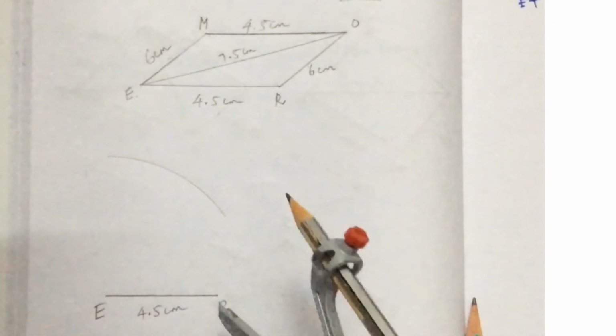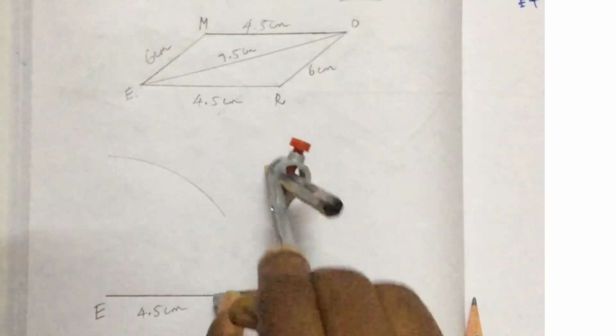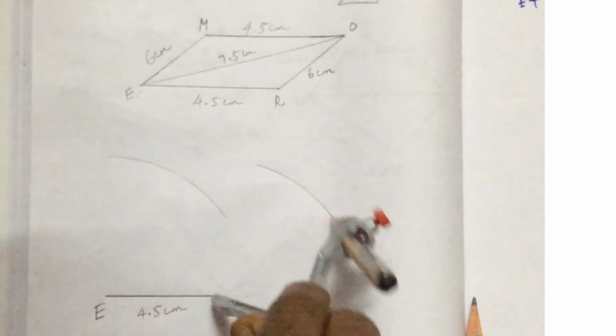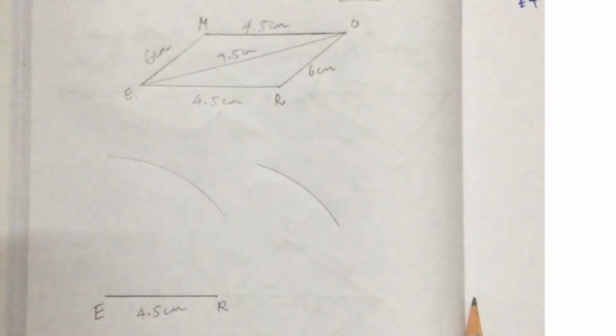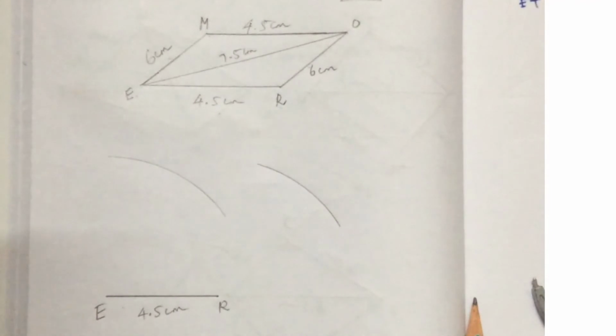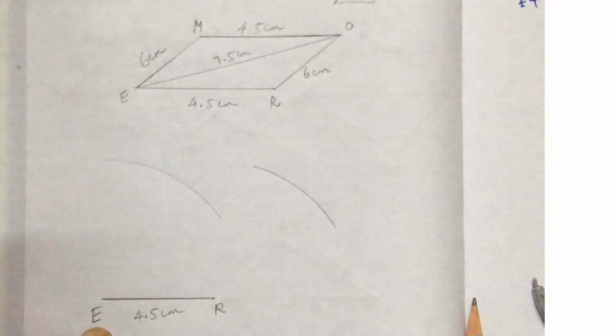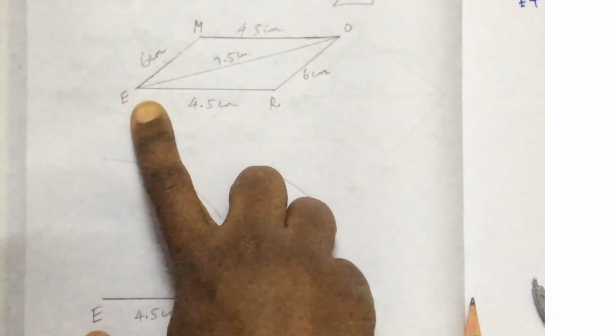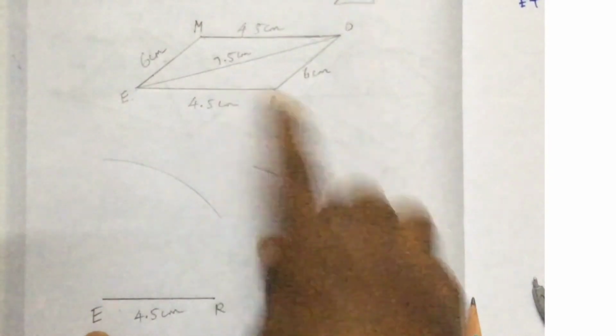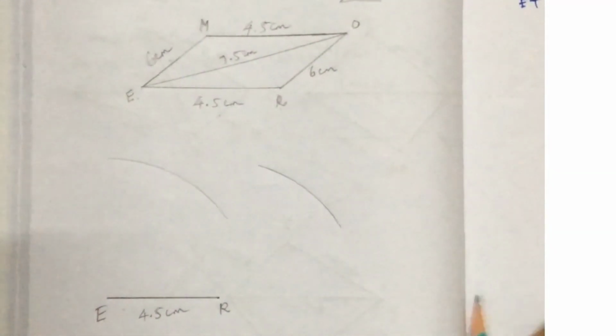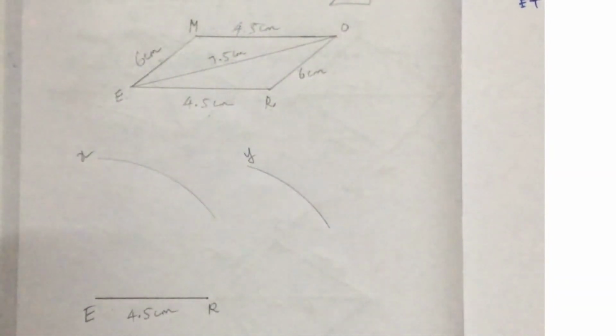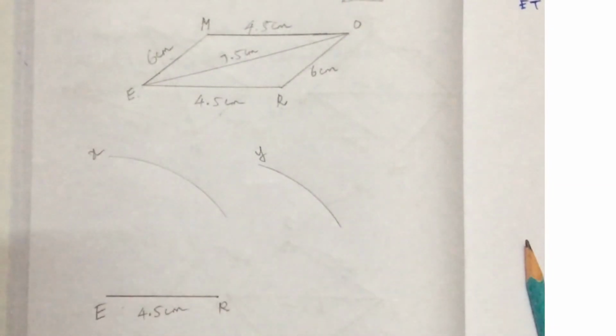With the same radius here I am drawing another arc of 6 centimeter. Let me name it as X and this arc as Y. Both are 6 centimeter radius.